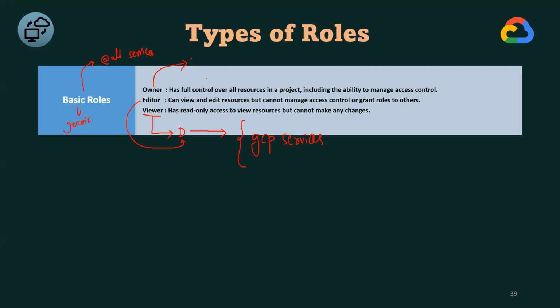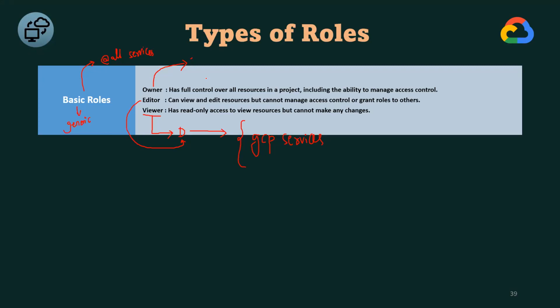That means authorization can be taken care according to all the services. So it is not properly used and we never use the basic roles, but something like admin or the owner, for example, there is a CEO, I will make him the owner of this Google Cloud projects.